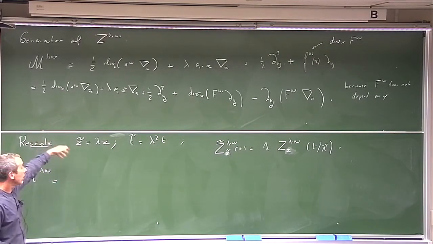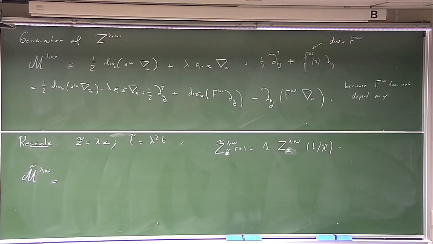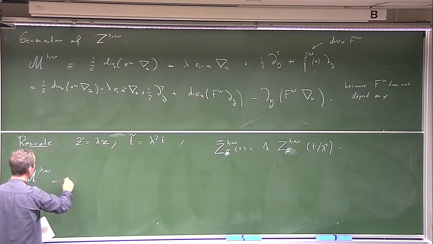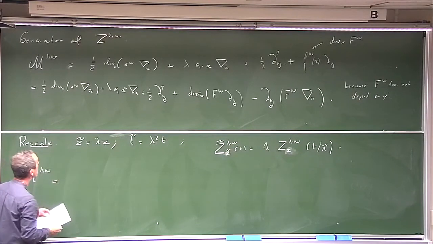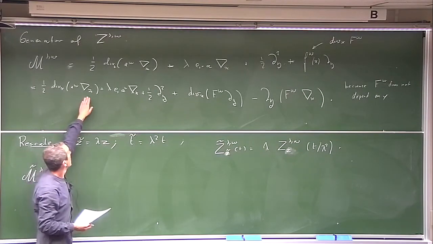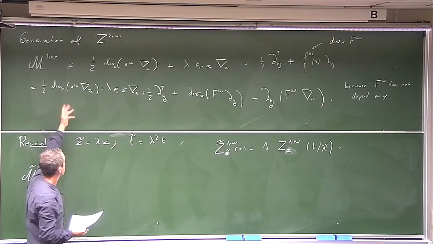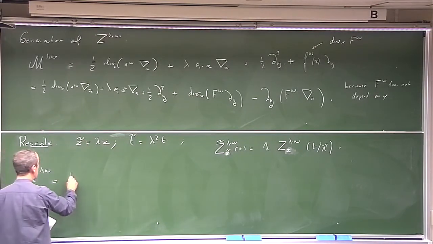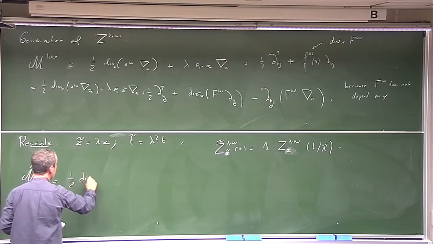But on the other hand, because we rescale time, we multiply everything by lambda minus 2. So the first term is going to change: you multiply by lambda because of this derivative, then by lambda because of this derivative, and then by lambda minus 2. So these things cancel, and you get 1/2 divergence in X.